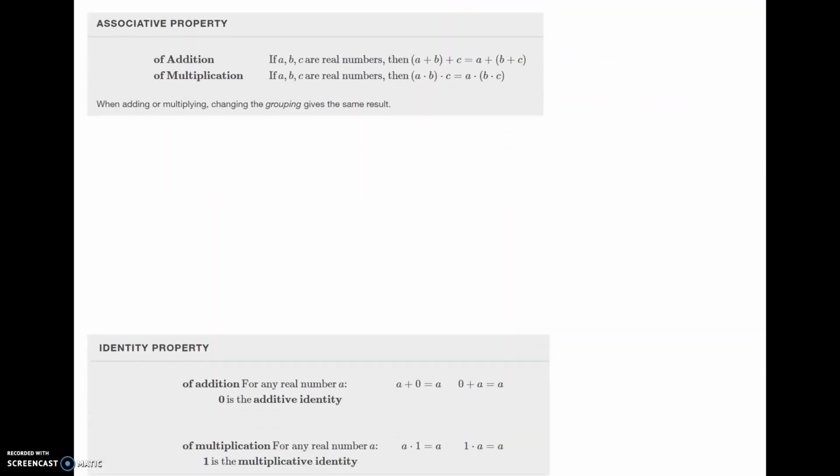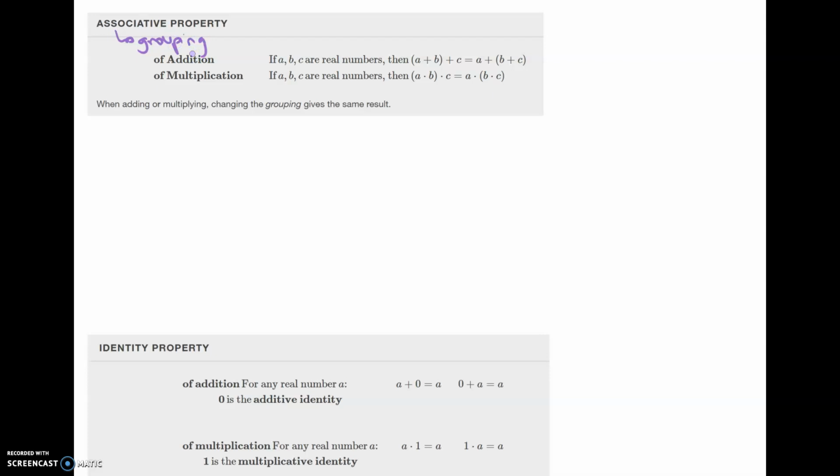Okay, so the next one is called the associative property, again of addition, again of multiplication, meaning we're only looking at the operations where I'm adding numbers or multiplying numbers. Associative property, I like to think about associations or the groupings.